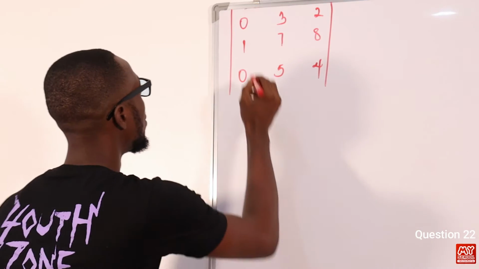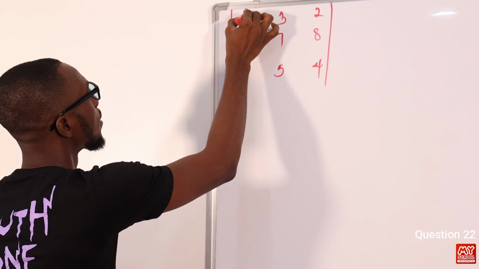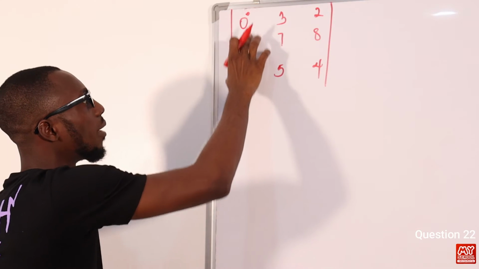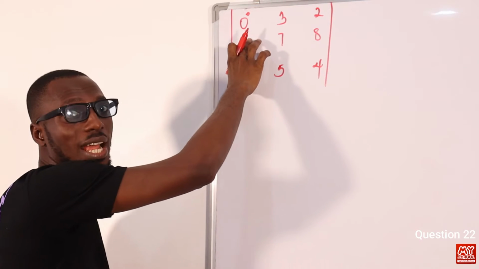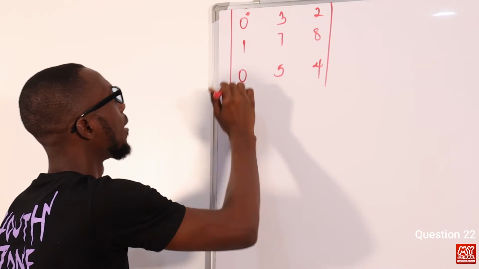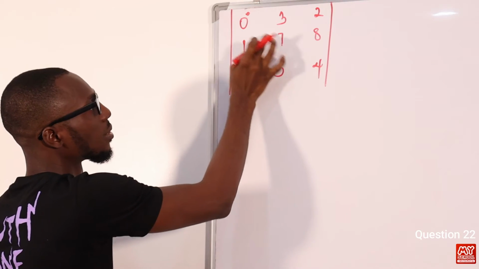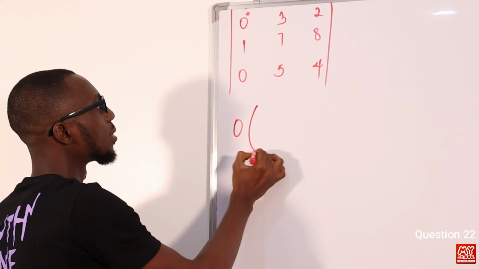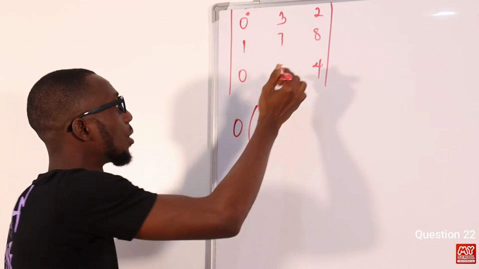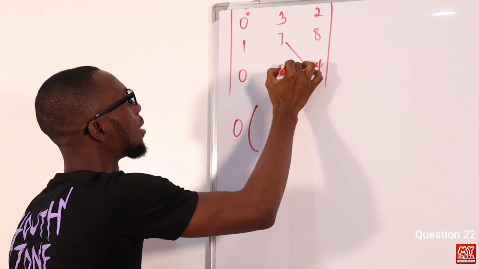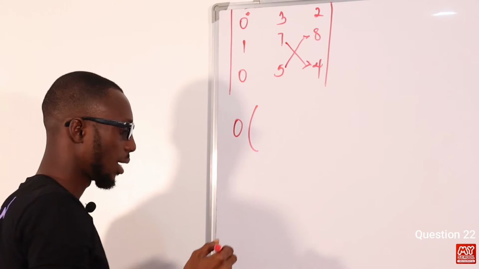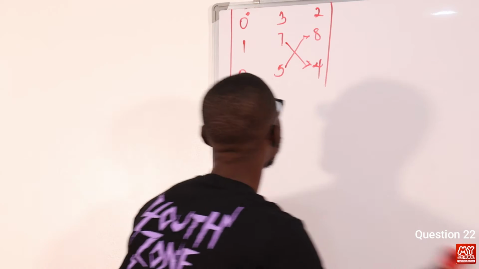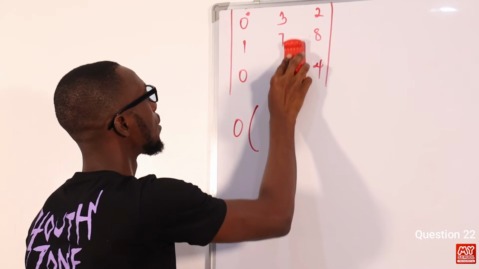You can see we are working on this first. Whatever values we have under this column, they are secured, so you work with what we have here. For this, that means this will be 0. We multiply. Remember how we did the last question? This to this, then this to this. Let me remove this so that we won't have a clumsy presentation.